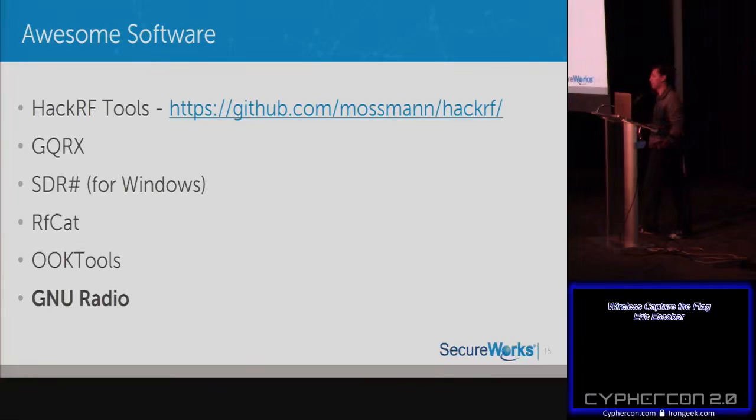It'll scan the spectrum, look for on-off keying. It'll find the baud rate for you. All these things that you would normally have to get some graph paper out for, open up MS Paint and try and drag some lines on, you don't have to do that anymore. This tool takes care of a lot of it. The only downside is that, as far as I know, and again, I've only played with it a little bit, it only works for the YARD Stick One, but it's pretty killer. And if you're just trying to inspect some stuff, it's a super nice way to go.